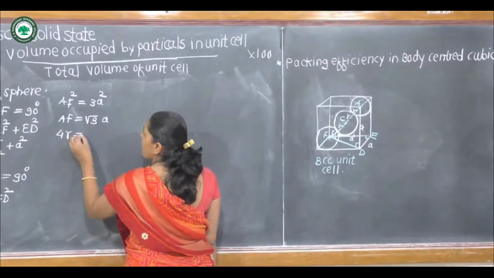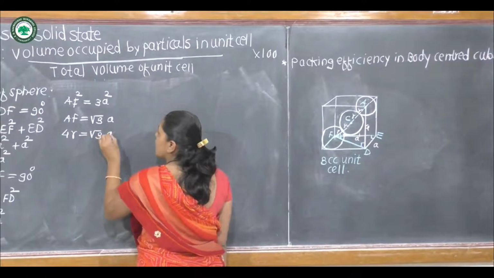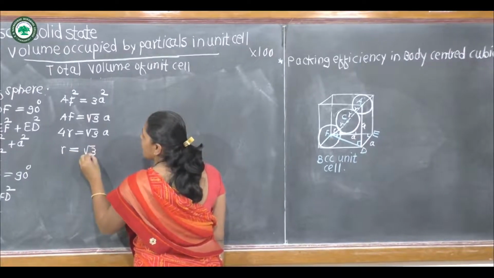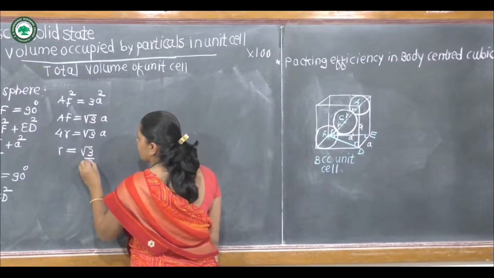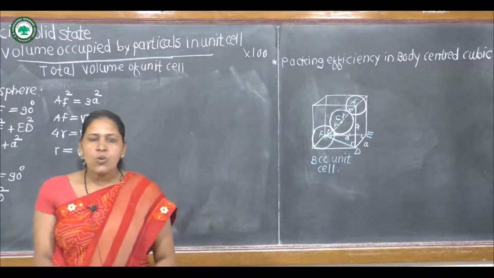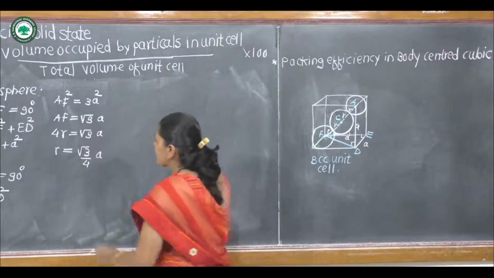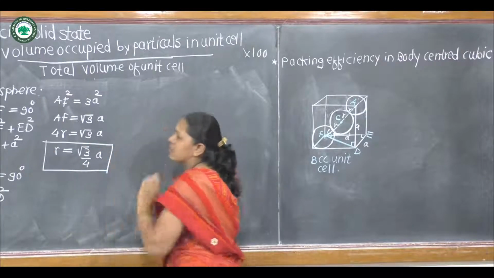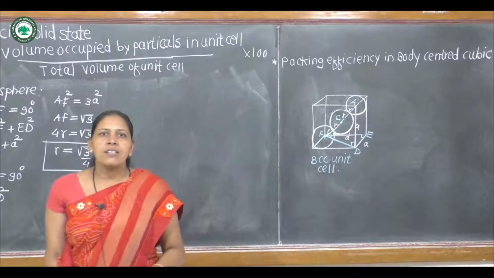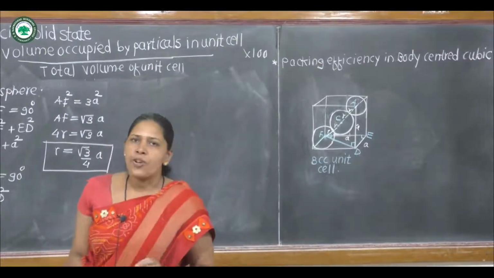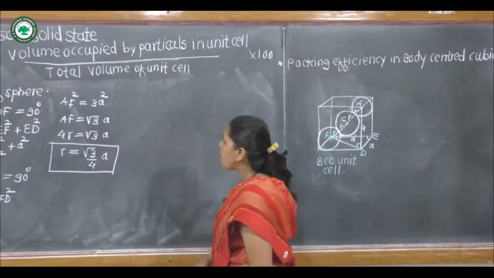Therefore, 4R is equal to root 3 into a. Therefore, R is equal to root 3 by 4 into a. This is the radius of the body centered cubic lattice.